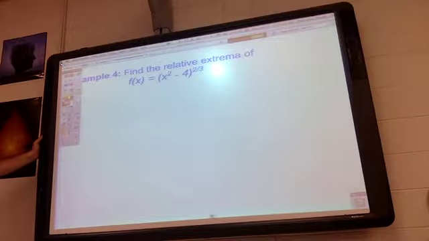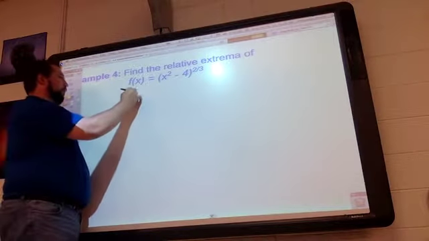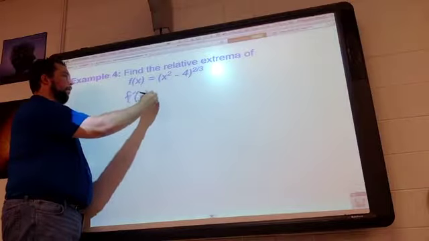All right, let's look at this one. Same thing: first thing we do is find the first derivative. This is going to be a chain rule, however.